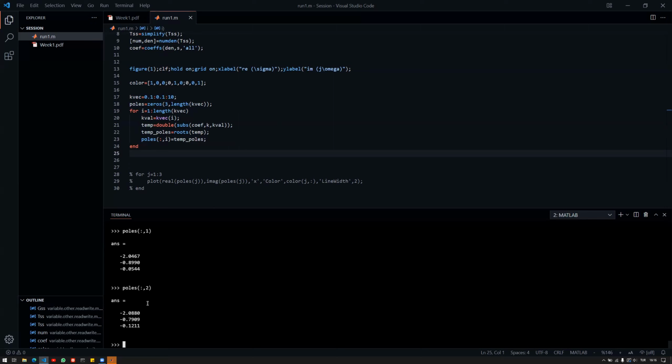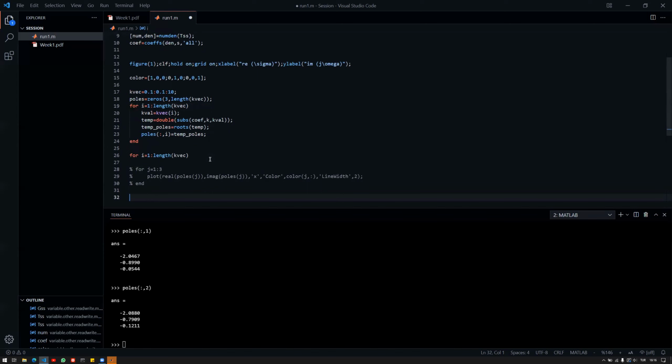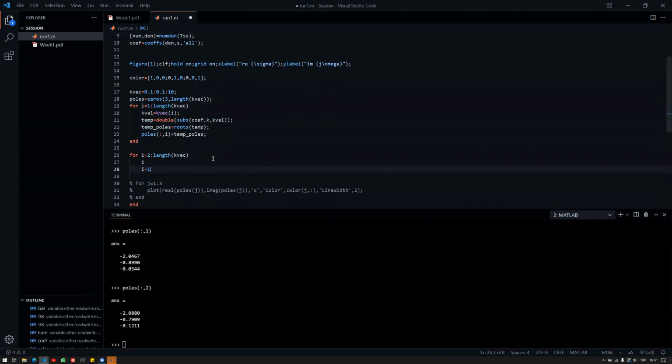So connecting the corresponding rows with a line would give me hopefully what I want. So let me copy this one here. Now I don't want to start from 1, but I want to start from the second column, because what I'm going to do is I'm going to use ith column and I minus 1th column. So 2 consecutive columns.